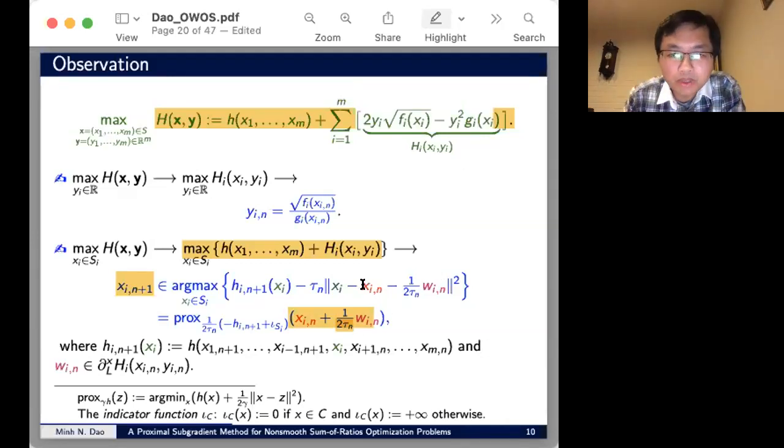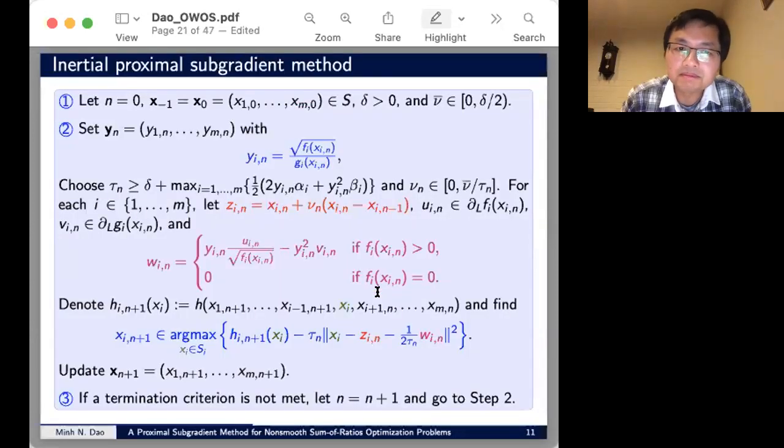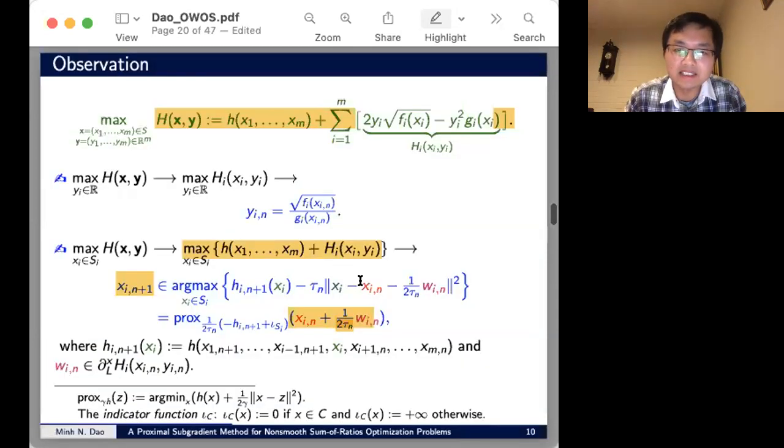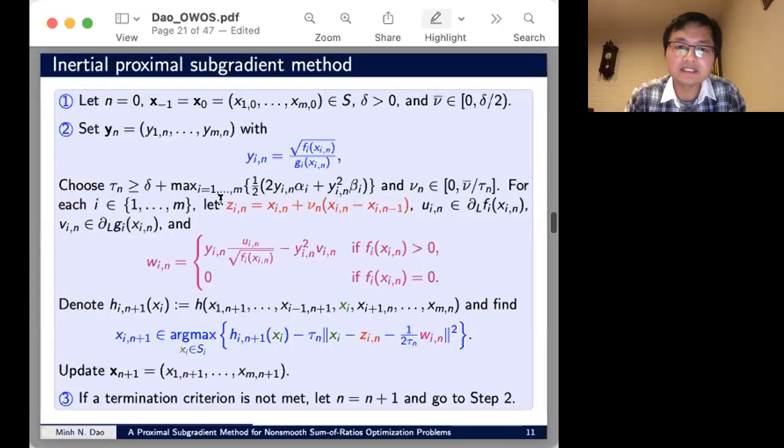Now if we replace xi, the red one here, by an inertial step, then we get our inertial proximal subgradient method for solving problem P. So we replace xi by zi.